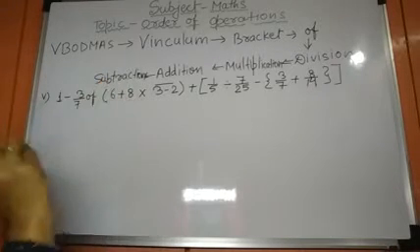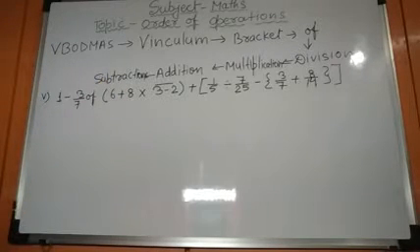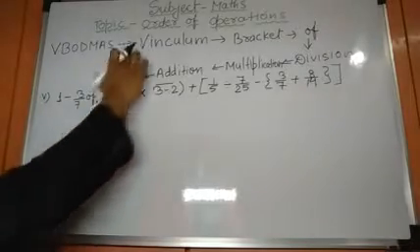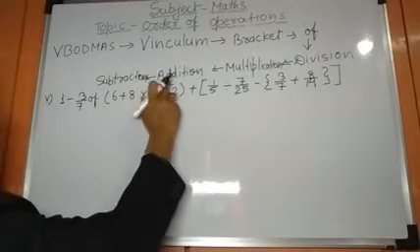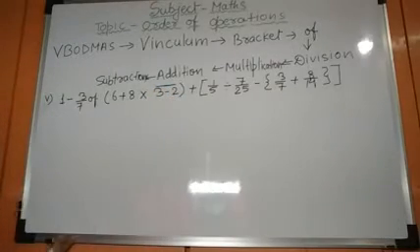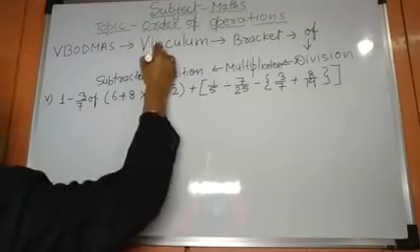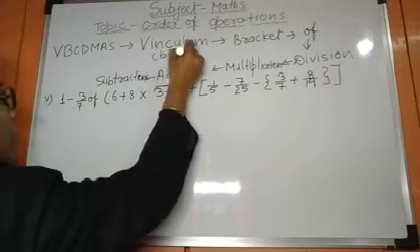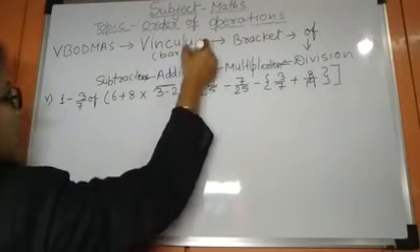V for vinculum, B for bracket, O for of, D for division, M for multiplication, A for addition, S for subtraction. Vinculum is represented as this. This line you can see on top, this is known as bar. Fine, this is known as bar and represented as this.